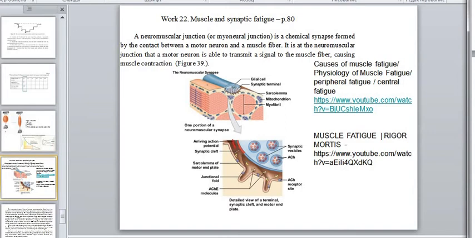Causes of fatigue at the cellular level: decrease in the amount of ATP, accumulation of exchange products. At the organ level, fatigue is fatigue of nervous centers or the central nervous system, and fatigue of synapses. Just acetylcholine molecules can't be produced enough.